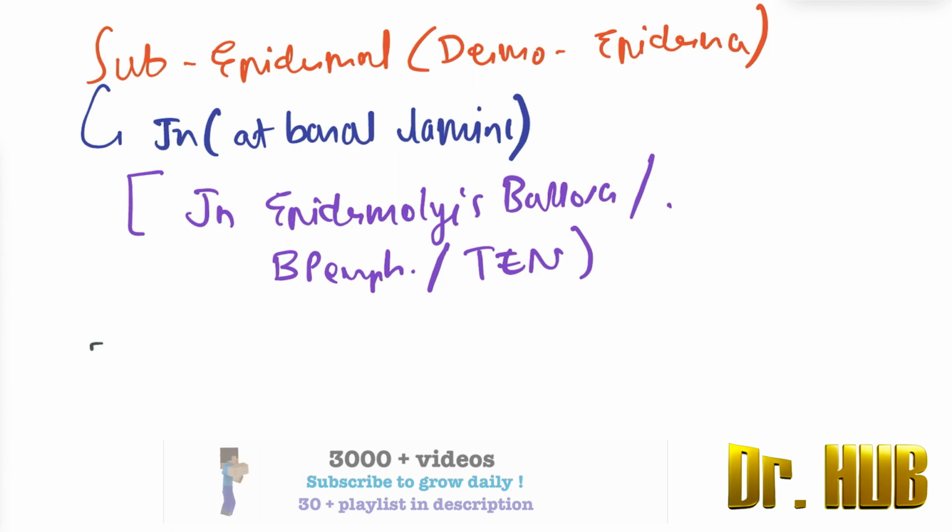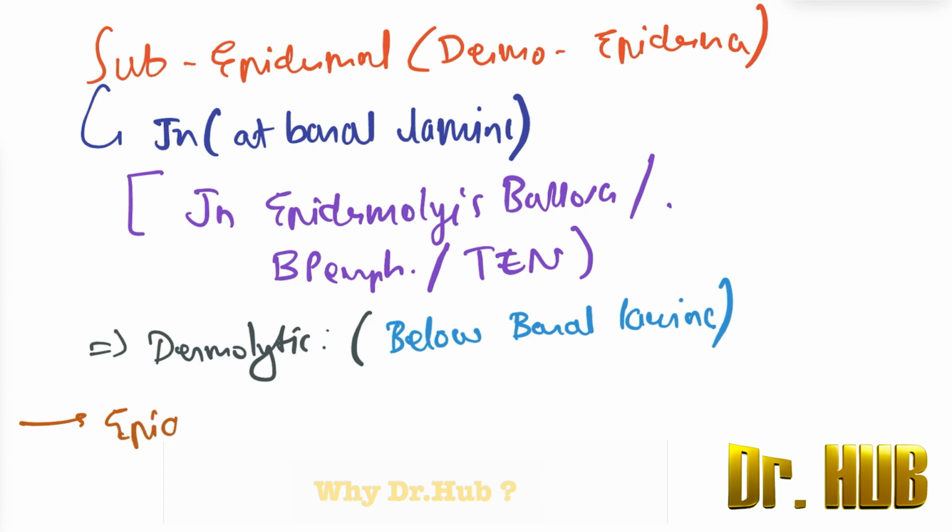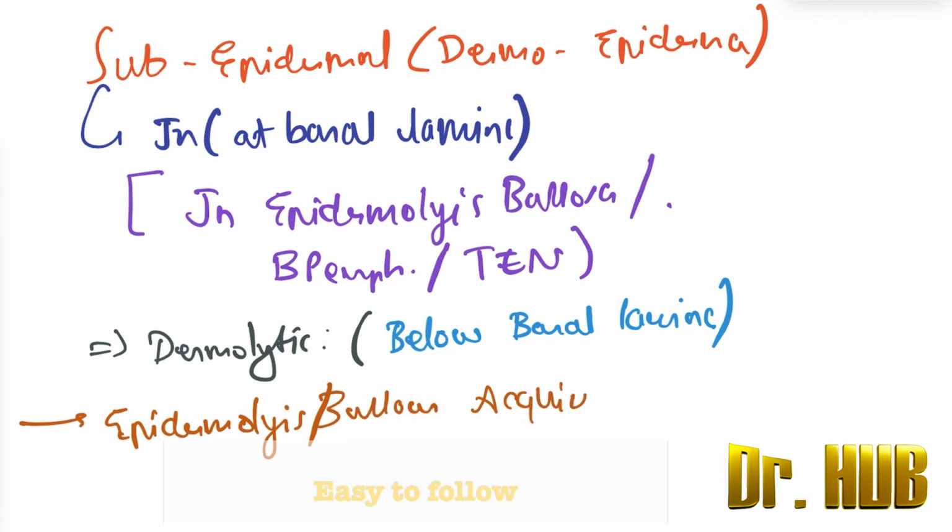Then we move on to the dermolytic, which is below the basal lamina. It includes epidermolysis bullosa acquisita.